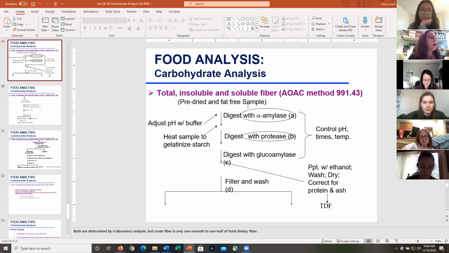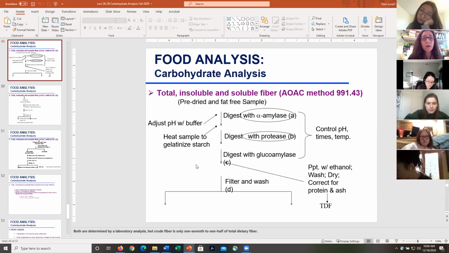All right. I know there's a lot of detail that you see here, but you don't have to remember adjust pH, buffer, heat sample, gelatinize, control pH, temperature. No, these are details. What I'd like you to know though, is that you have to separate everything from the fiber. And in order to do that, you have to hydrolyze. So you have to hydrolyze the starch, you have to hydrolyze the protein.